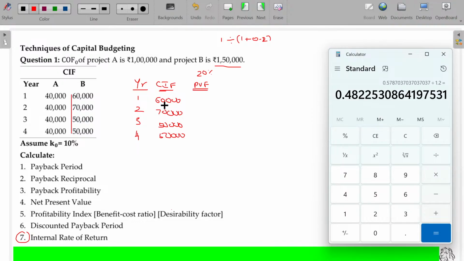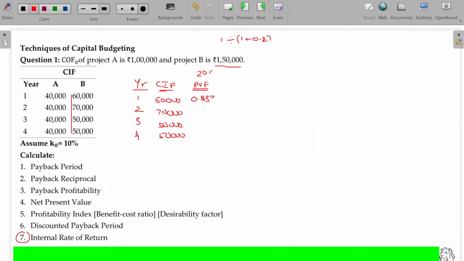So first year it is 0.8333. Second year is 0.694. Third year 0.578. Fourth year 0.482. Now find out the discounted cash inflow.